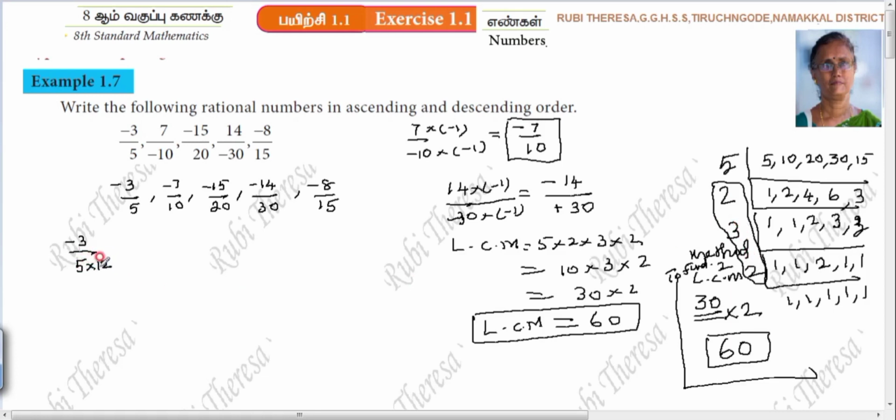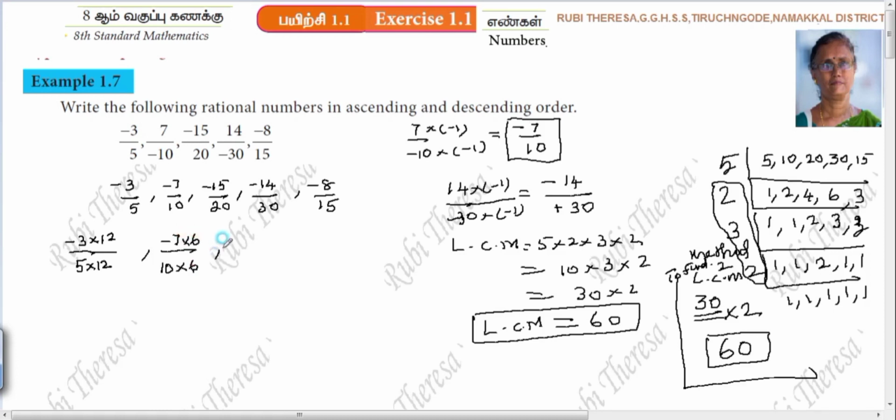If the denominator is multiplied by 12, then the numerator is also multiplied by 12. Then minus 7 by 10 is multiplied by 6 in order to get 60. Here also multiplied by 6 because the denominator is multiplied by 6. So the numerator is also multiplied by 6.